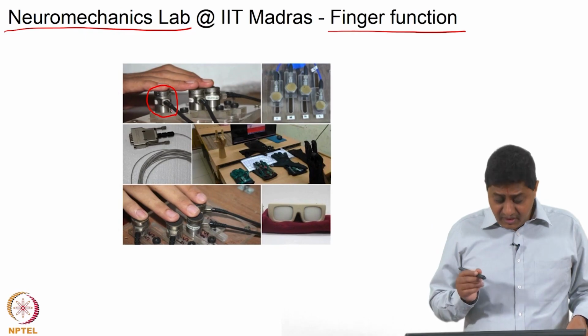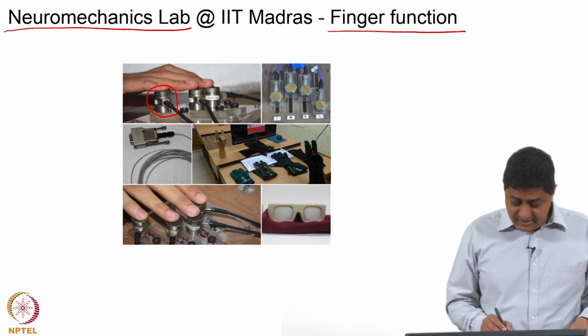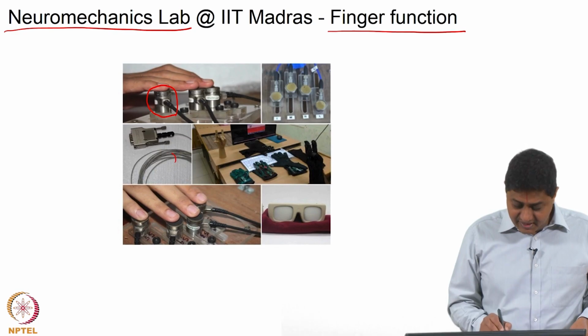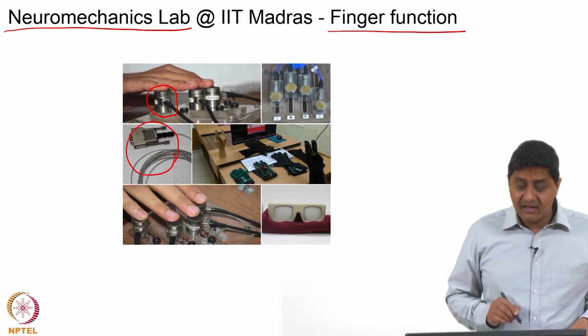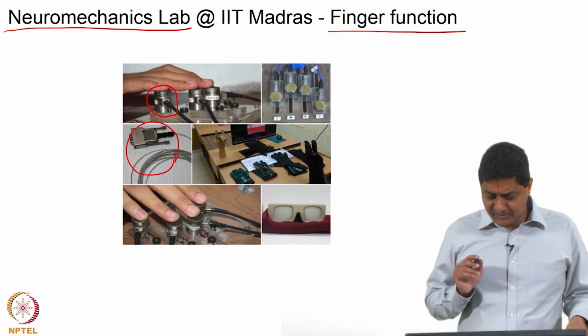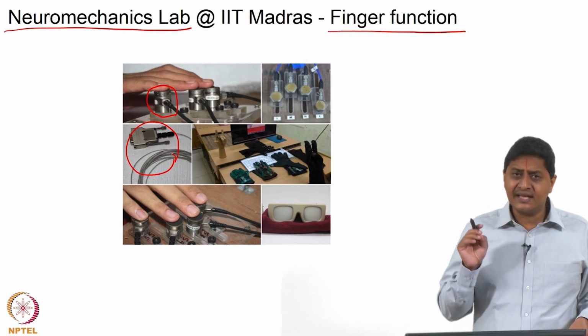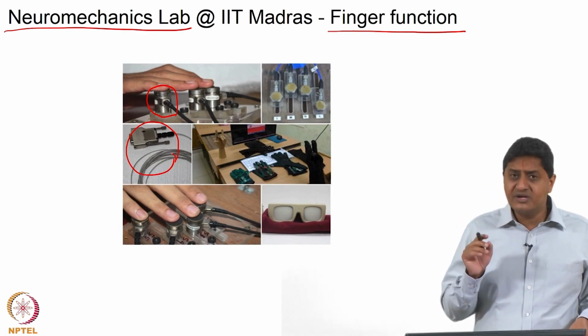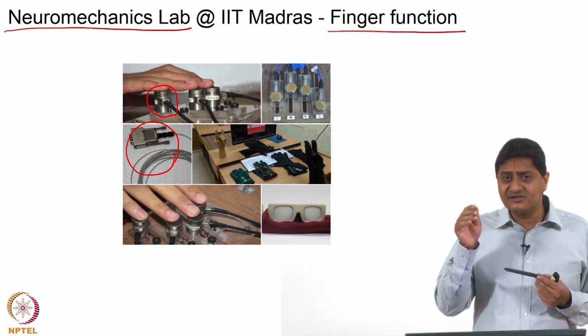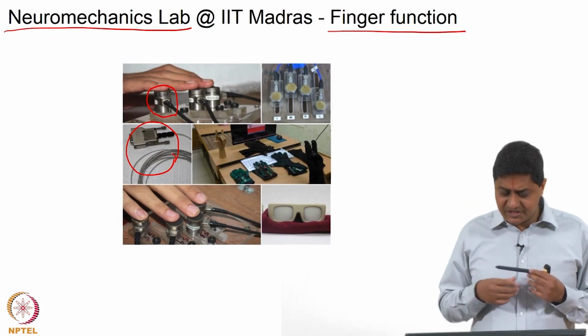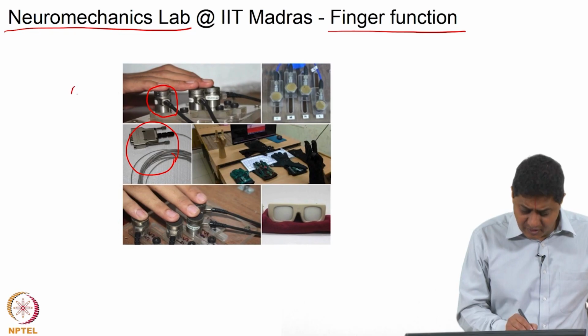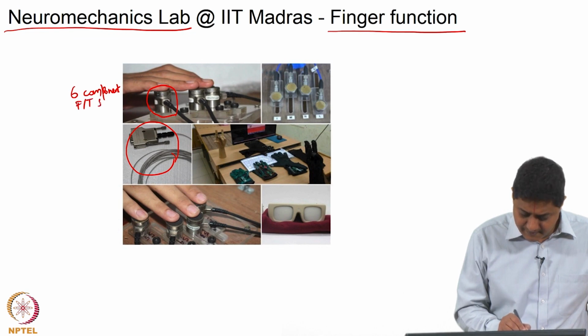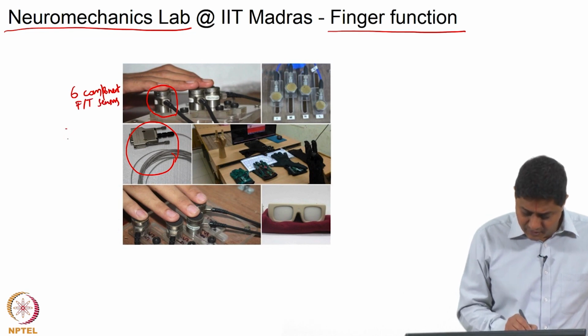And we also have these electromagnetic tracking sensors, from Polhemus, these can track movements of individual finger segments, linear and angular displacement. Each of these are 6 component sensors, one is a 6 component force sensor, the other one is a 6 component kinematic sensor.